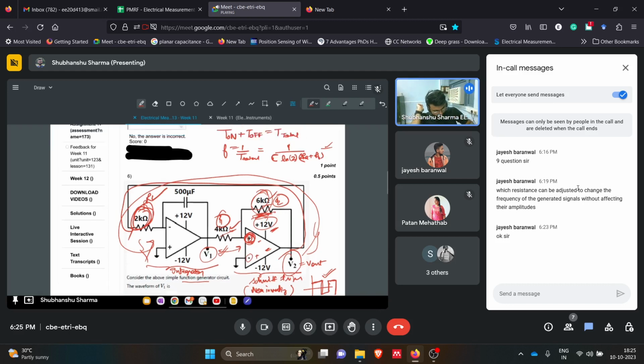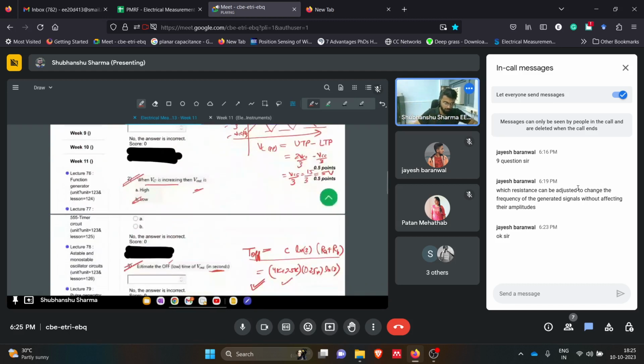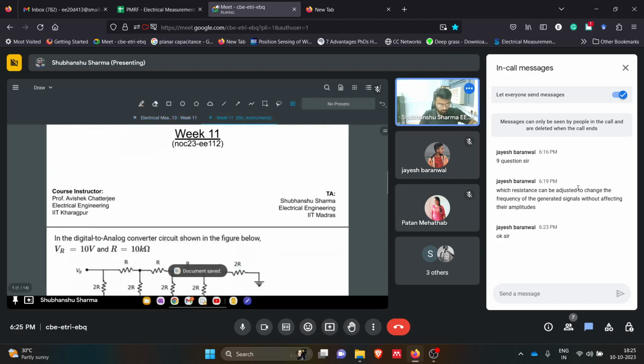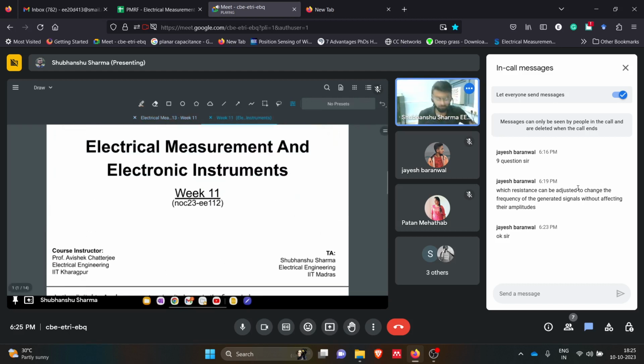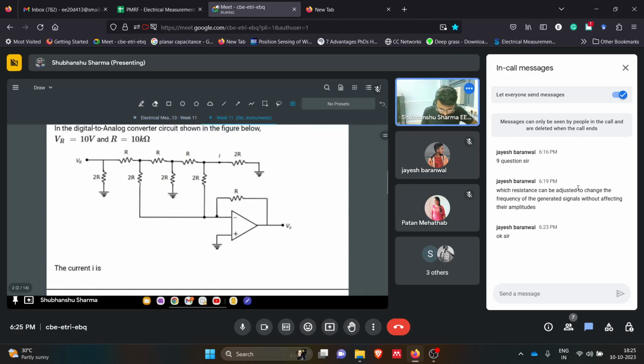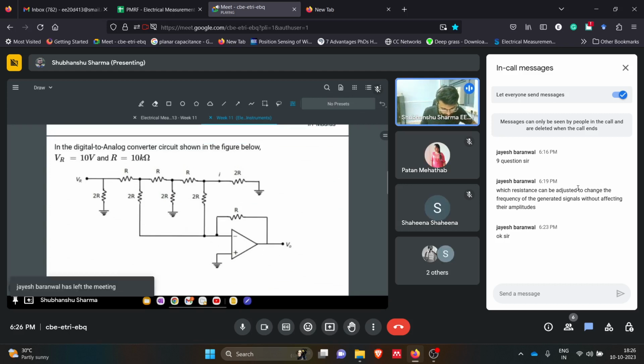Okay, we are done with this. I have some extra questions for this session, which will help you enhance your concepts and give you more insights about the question. This is from op amps, the digital to analog converter circuit shown in the figure below, where VR is 10 volts and R is 10 kilo ohms.